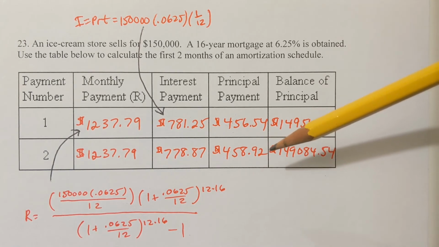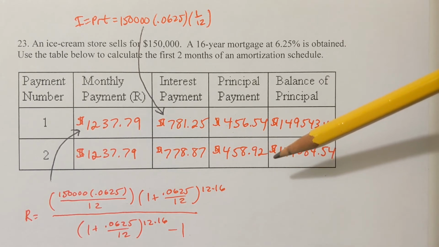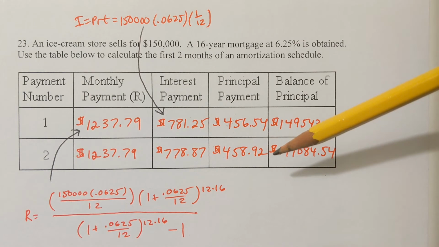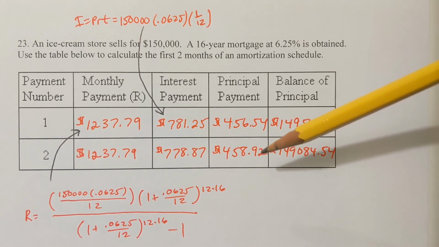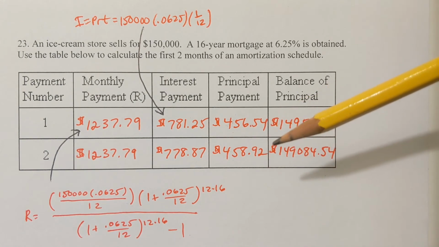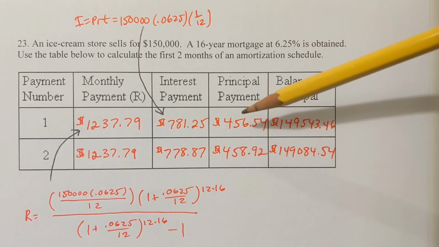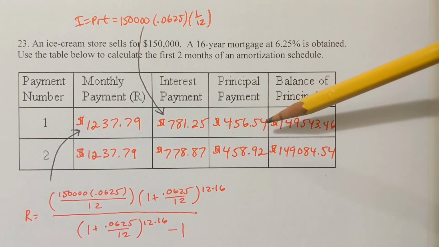And by the way, it's normal, over the term of the loan, for the principal portion to be bigger the deeper that you go into the payments. So I should expect this number to be bigger than $456.54.